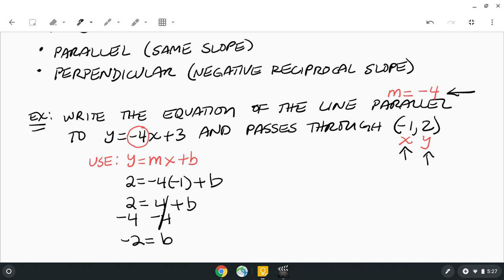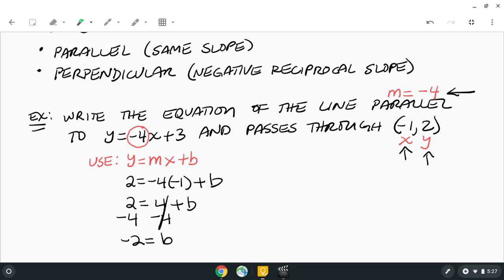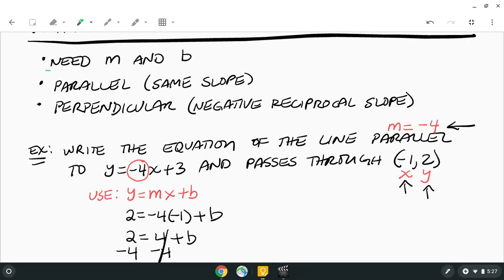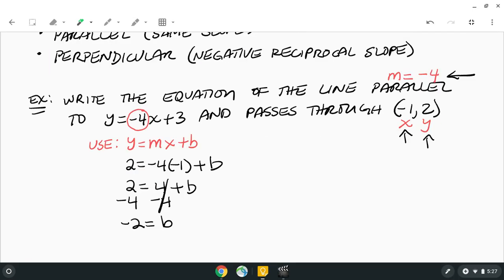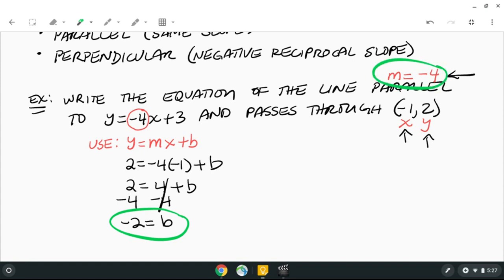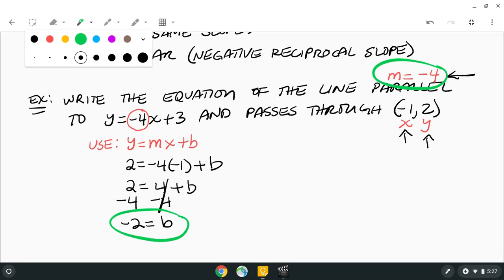Okay, so now I have everything I need to write an equation of a line. We need m and we need b. Well, we just solved for b and we already have the m. So then I can go ahead and write the equation of the line.